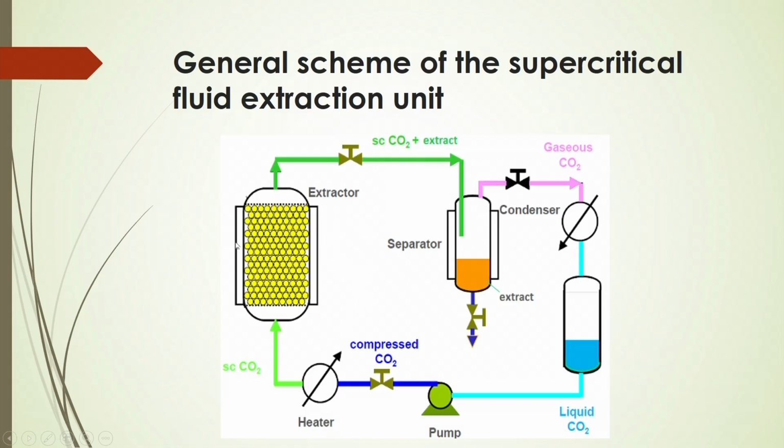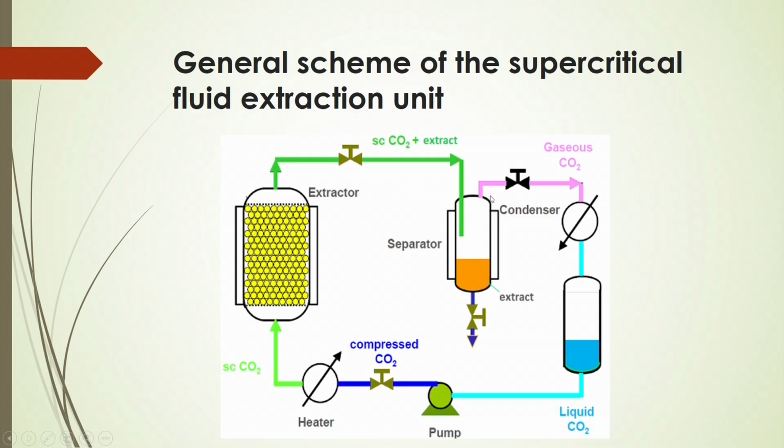You will see this is the extractor here, and in this extractor the carbon dioxide will come after compressing to a supercritical condition. This carbon dioxide goes to the extractor, and then from the extractor the supercritical carbon dioxide with extractant will come, and after that it will pass through the separator, where the extractant will be separated from the carbon dioxide.